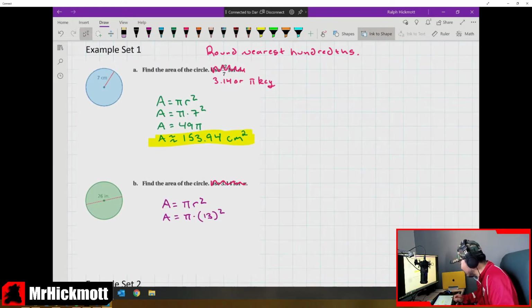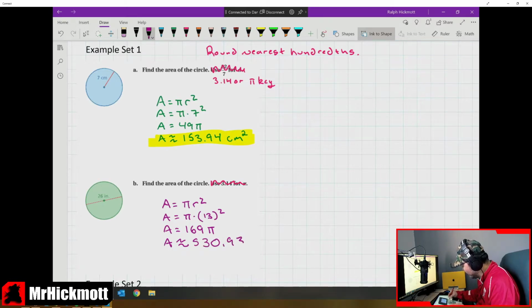We just have to split it in half. So finishing this off, A equals, let's punch all that out. 13 squared is 169 pi. Finishing that, it comes out to be a fairly decent number of 530.929. So 530.93 I'm going to round it to, and this time it's in inches.